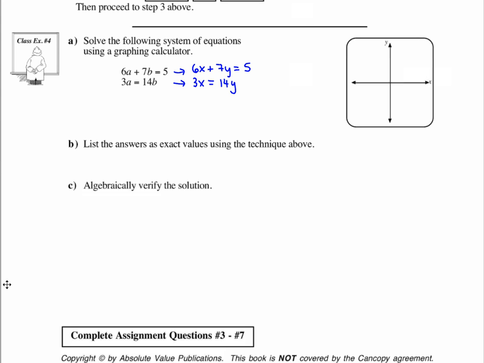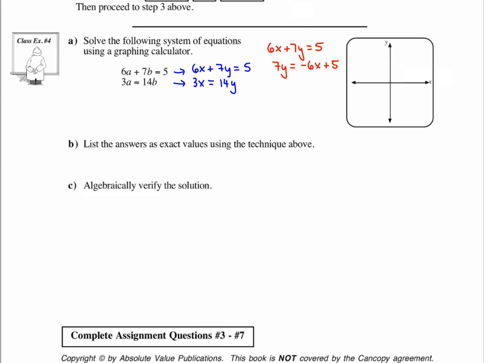In order to graph this on our calculator, though, we still need y equals. Okay, so first equation, I have 6x plus 7y equals 5. First step, subtract the 6x. We're going to move it to the other side, so it's going to become negative 6x plus 5. Opposite sign, because you're subtracting it.